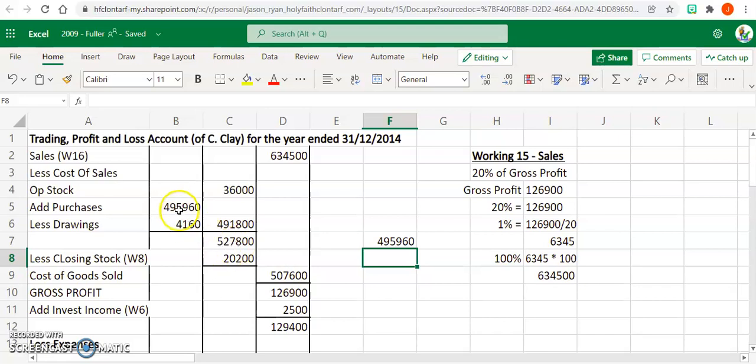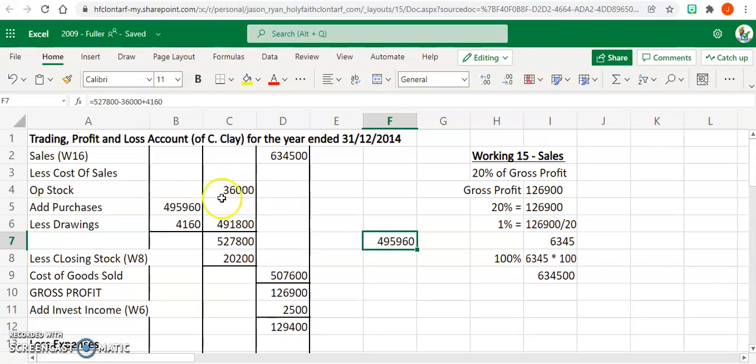So now we need to find our purchase figure. We have this 527,800 and we've got 36,000. In your calculators, you're going to put 527,800 minus 36,000, and you add on this 4,160, because remember, this was our drawings figure. Usually we add them up going down, so we take them away going back.